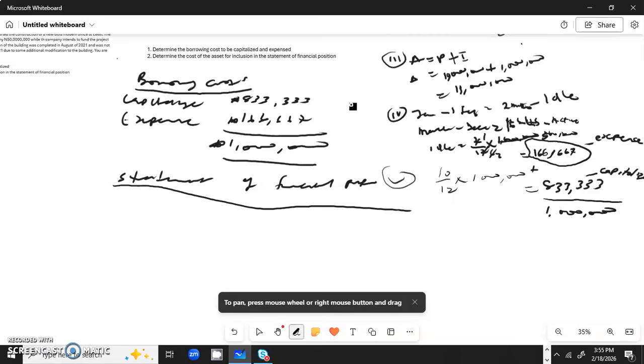You know that we have our assets. Under assets we have non-current assets and current assets. These are non-current assets. So we have office building.